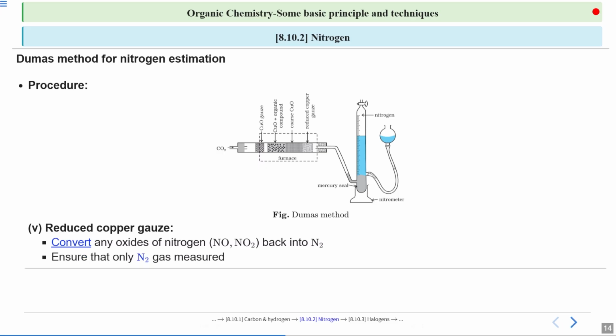Finally, the reduced copper gauze makes sure that only nitrogen gas is collected and measured at the end. Sometimes, due to over oxidation, nitrogen can be converted to nitrogen oxide. In that case, we use the reduced copper gauze. Now this will ensure that the nitrogen oxide, if it is present, can be converted back to nitrogen. So this is acting as a reducing plate for it.